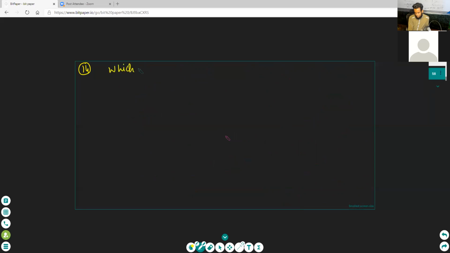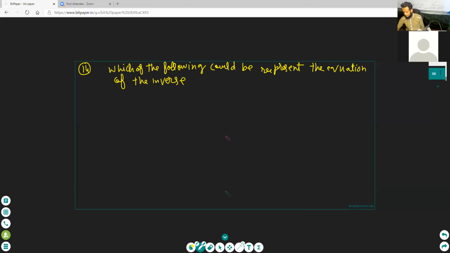Each of the following could represent the equation of the inverse of the graph equation, and you can also show the graph of inverse function of the graph in the figure.